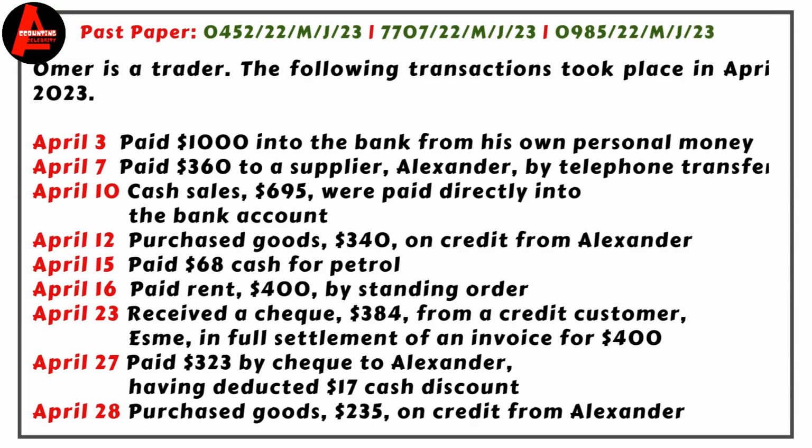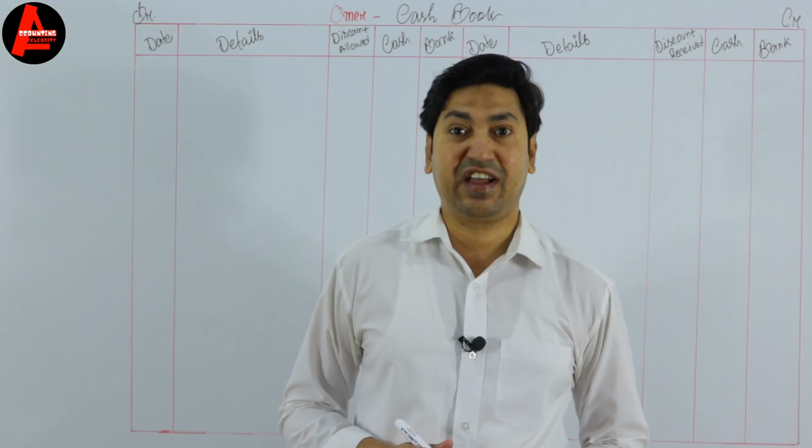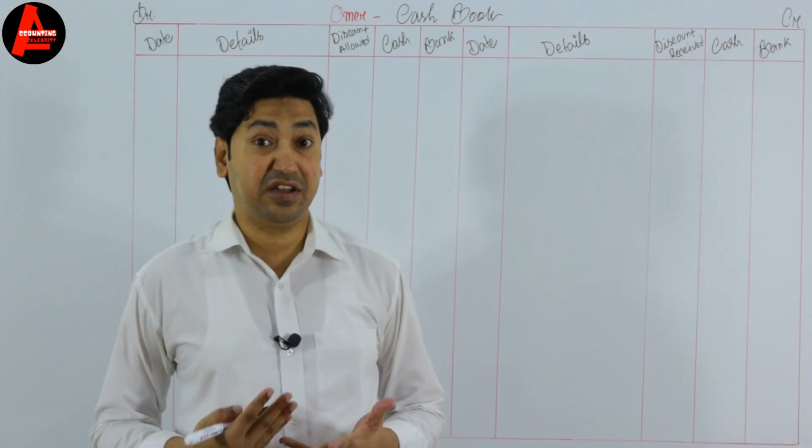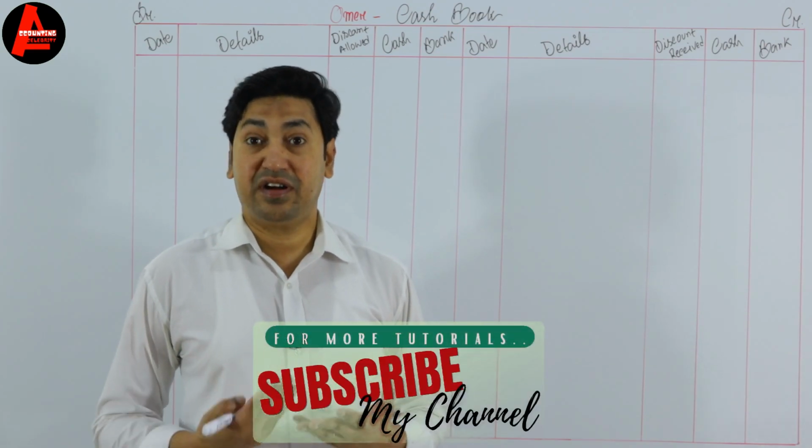The question is: Omar is a trader. The following transactions took place in April 2023. Here we see many transactions. These transactions are not all related to the cash book. Some transactions are given extra, not relevant, to test your understanding.